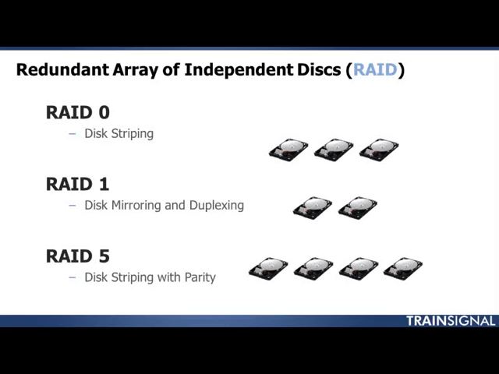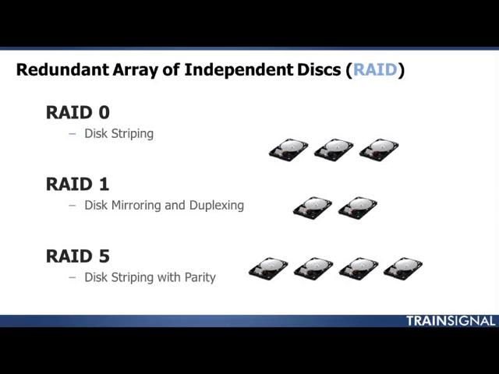And the reason we say inexpensive is because the idea is you buy a bunch of small, less expensive hard drives to all work together to create a larger component of storage. Now, there's three main types of RAID, or three main levels of RAID that I'm going to go over with you here, although I will tell you there are more.